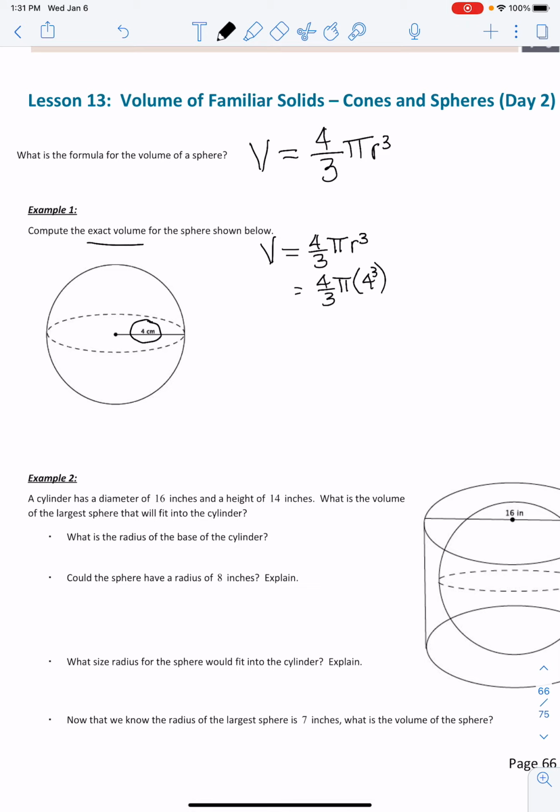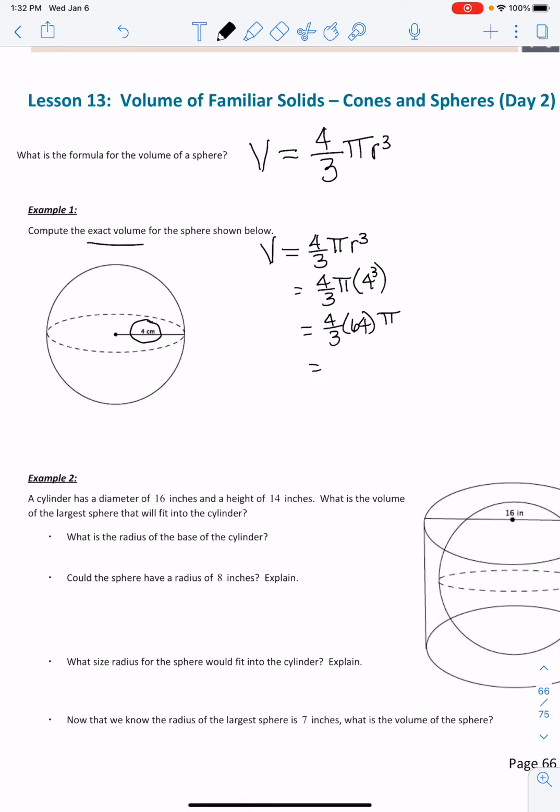Now what I do is I take my calculator and I multiply that. And when I multiply that, I get 64. And again, I put that 64 next to the 4/3. So 4/3 times 64 times pi.